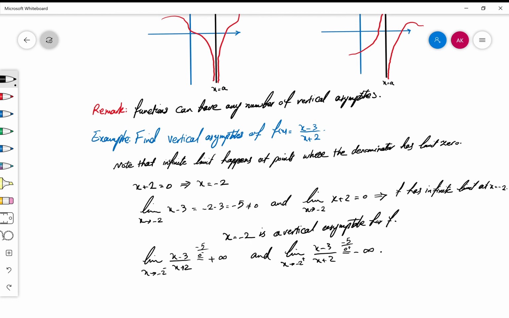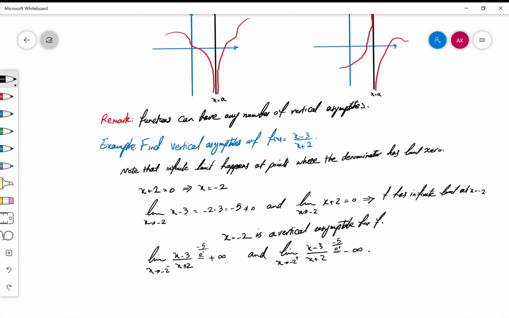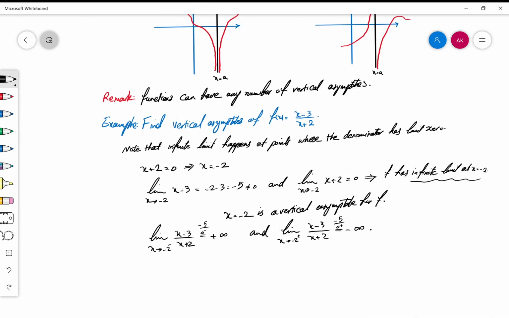This last piece we can find for ourselves, but just knowing that we have an infinite limit at x equal to -2 gives us the vertical asymptote.